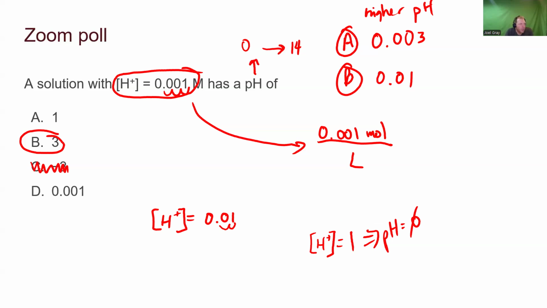Which is going to give you the higher pH? Yeah. 1, 2, 3. So that's a pH of 3, and that 3 would be 3 point something. This is 1, 2.